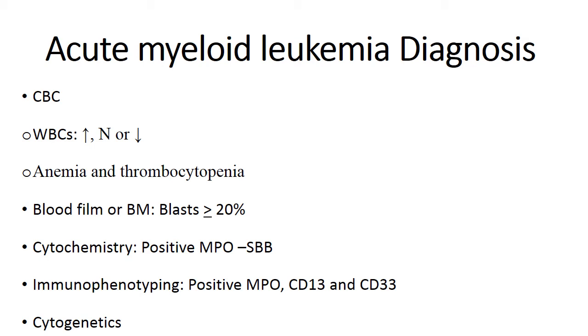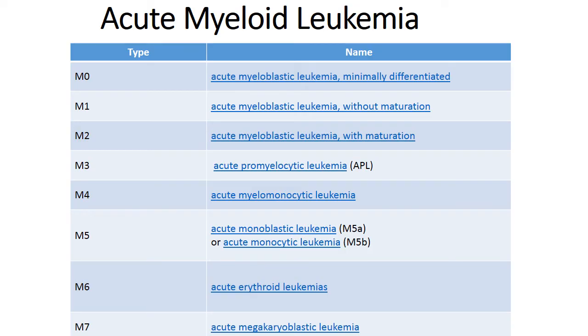The cytogenetics aid in the classification of acute myeloid leukemia and may share in the decision of treatment of a case of acute myeloid leukemia. Acute myeloid leukemia is morphologically classified into these 8 subtypes according to the malignant cell found in the blood film and/or bone marrow.